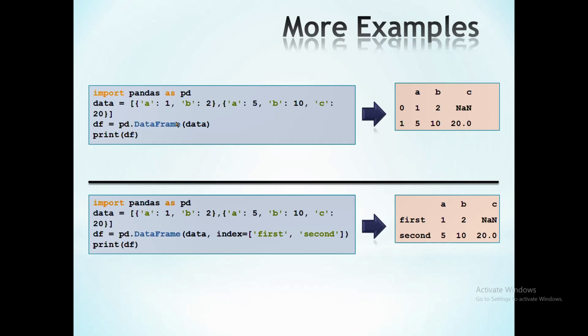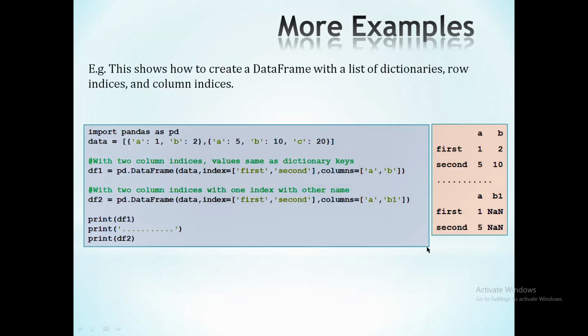A, B, C will be the column headers, but the C value is not available in the first dictionary, so we get the output NaN, not a number. In the same way, I am assigning the index as first and second. Instead of getting 0 and 1, I am getting first and second.